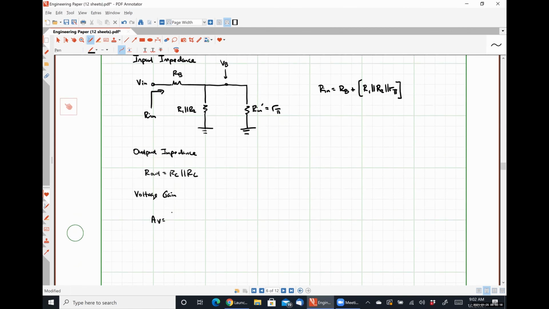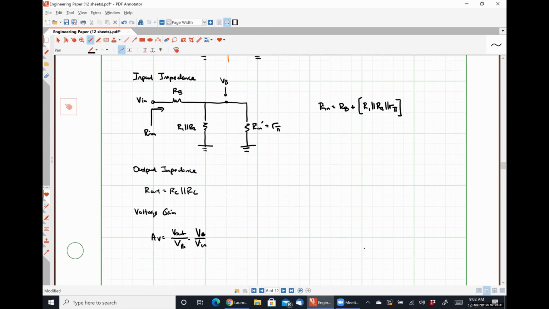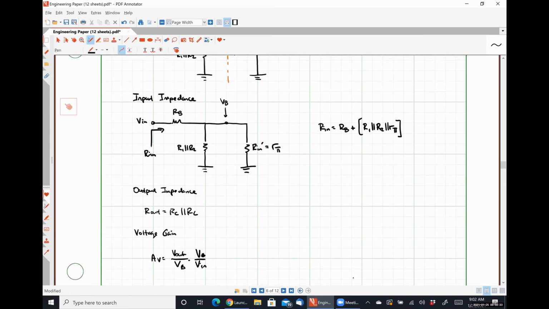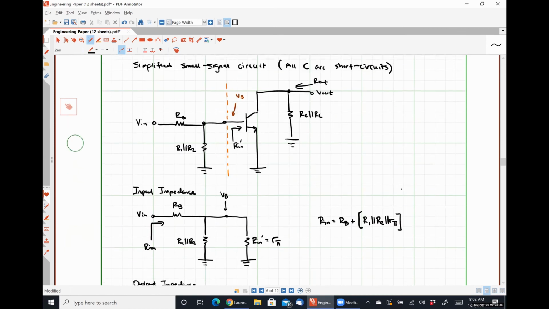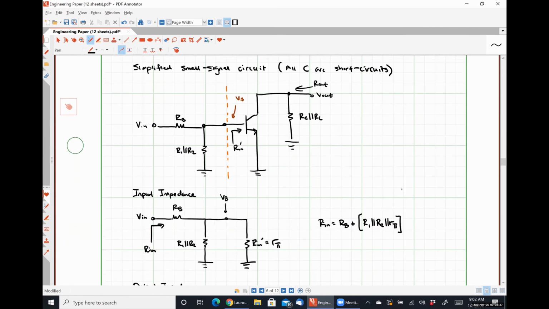So we're going to have the exact same relationship. AV is equal to V out divided by VB multiplied by VB divided by VN. Do we know inherently what either of these two relationships are? So V out over VB or VB over VN.